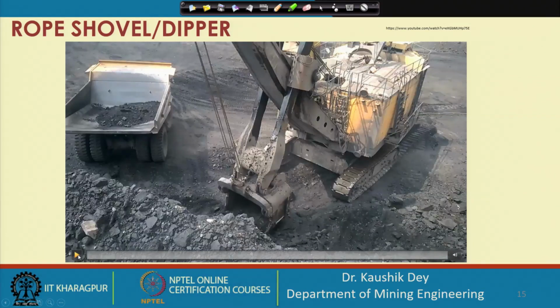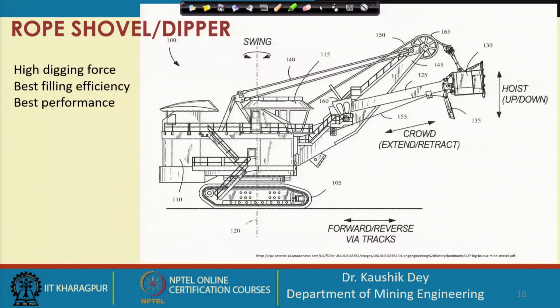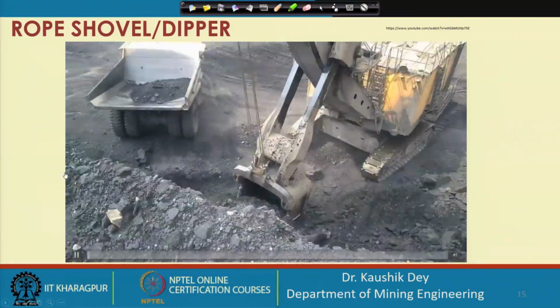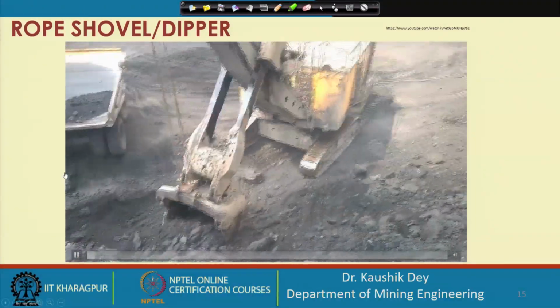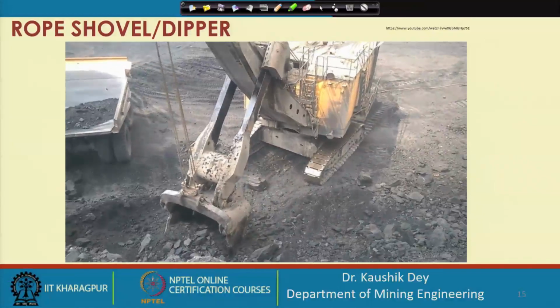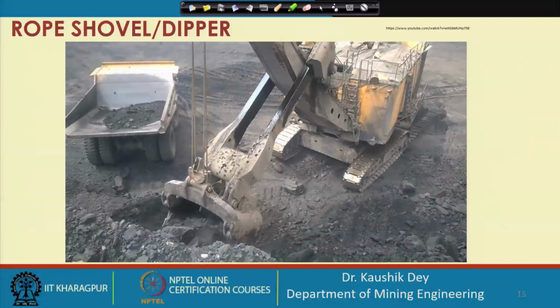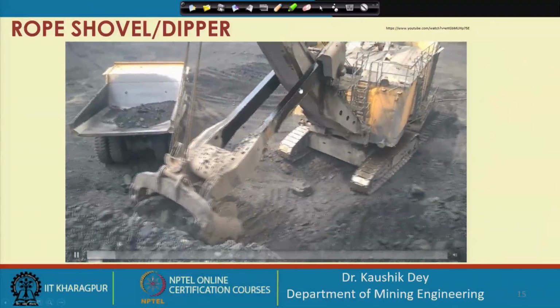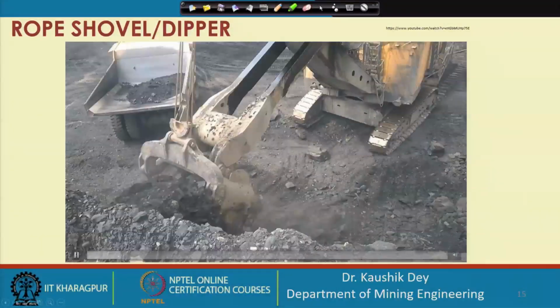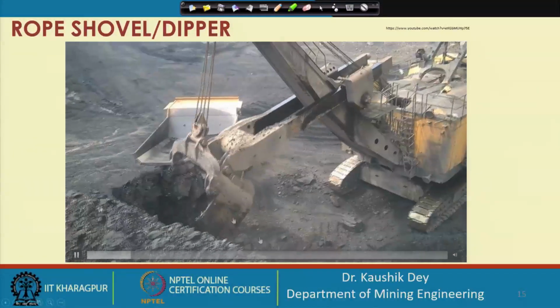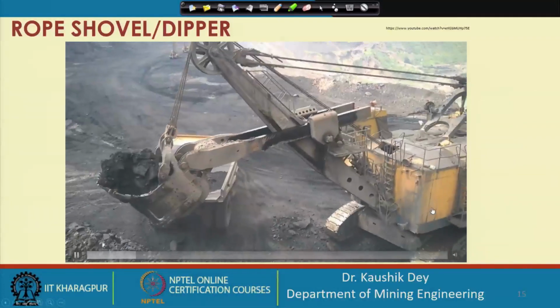Now, you can see the operation of a rope shovel. You can see how this rack and pinion system is allowing this movement in the front direction, and this wire is being pulled to lift this bucket in the upward direction.